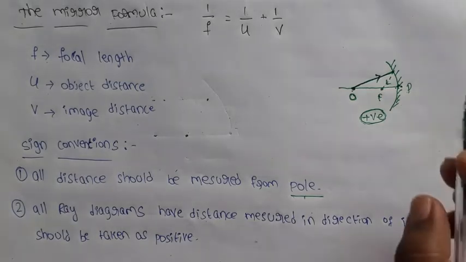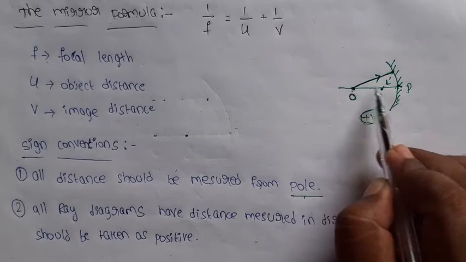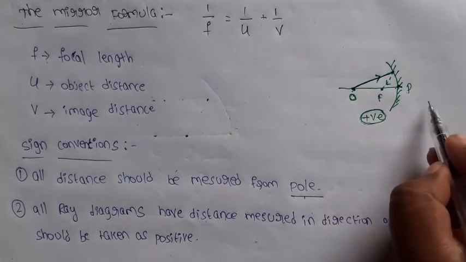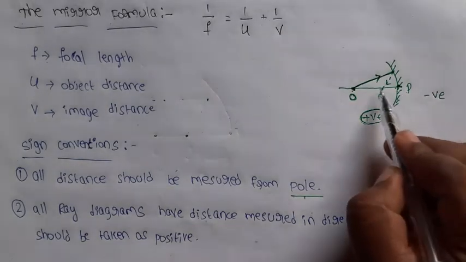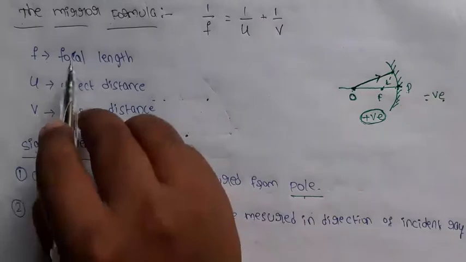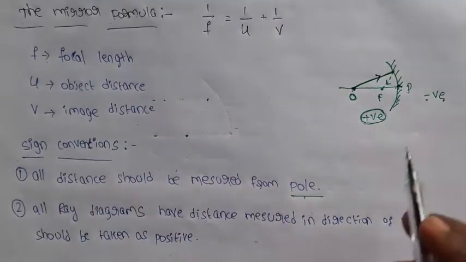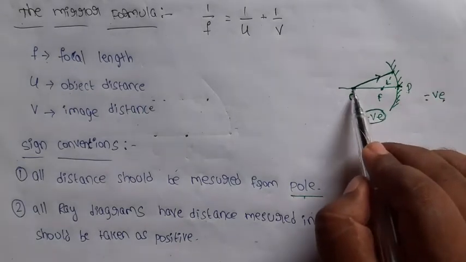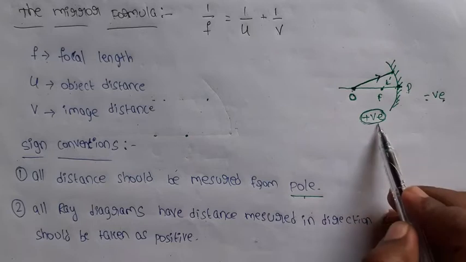For example, if you are measuring the distance from pole to object, you can take the negative value, whether it is focal length value, object distance value or image distance value. If you are measuring from object to pole, you should take the positive value.